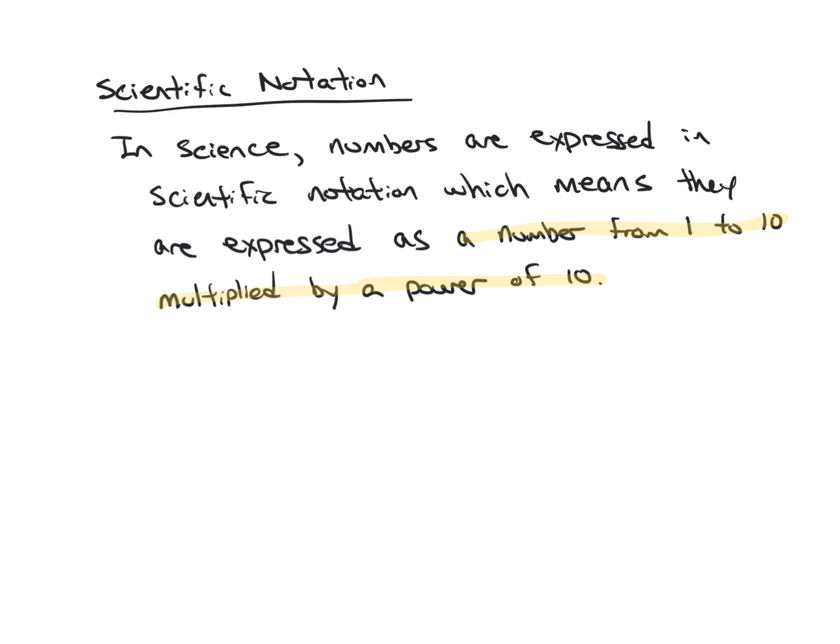So in science, you have a very, very, very large number. Let's say the distance between the Earth and the Sun. I'm not sure how much that is actually. I knew it once upon a time.